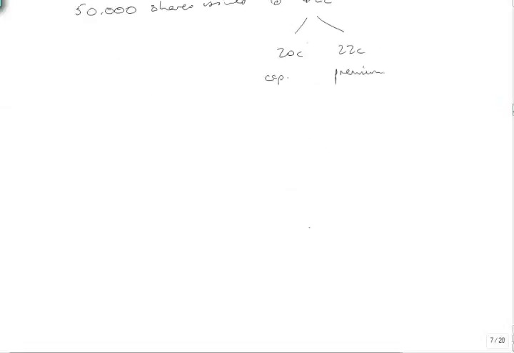This is just for interest actually, because you'll see in a moment that it doesn't actually concern us. 50,000 at 20 cents, that's 10,000, and 50,000 at 22 cents, that's 11,000. We actually received 21,000, which is 50,000 shares at 42 cents. We actually received that, but if you look, you'll see the share premium account already has 11,000.